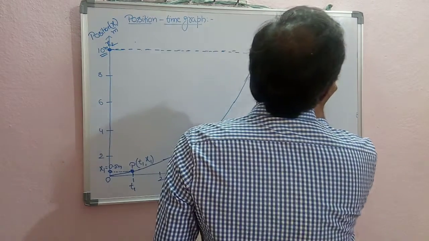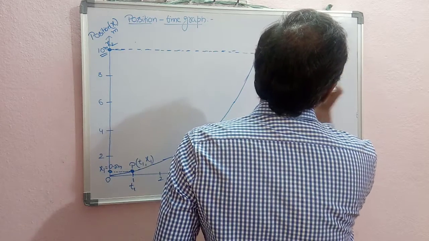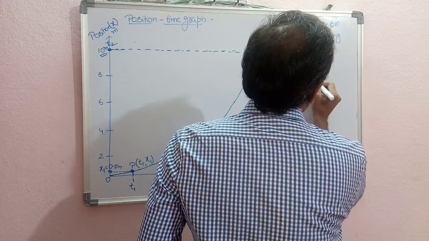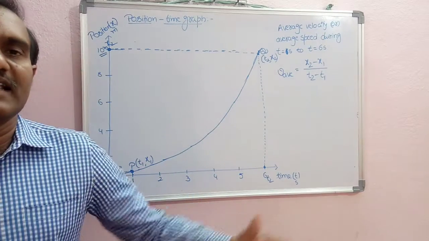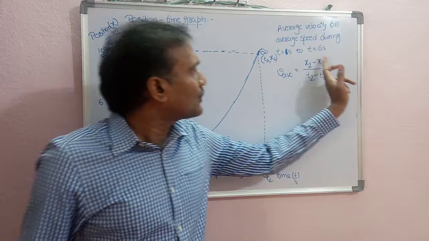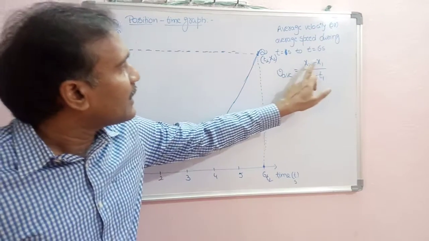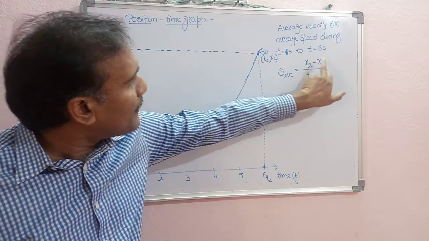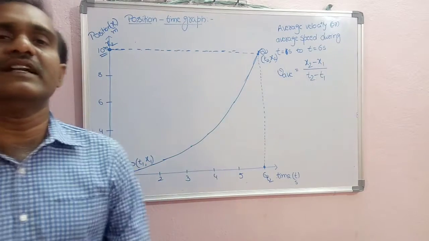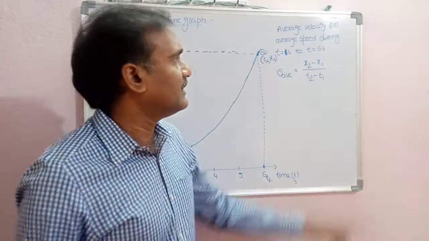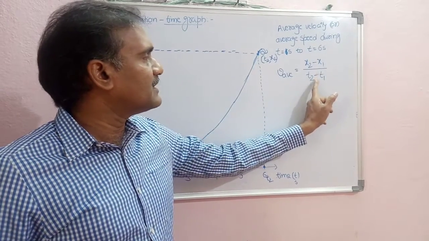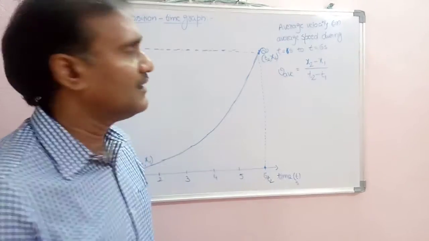That means x2 minus x1 divided by the time interval t2 minus t1. The particle is moving along the same straight line. Therefore, path length can also be final position minus initial position. Nothing but the displacement. Displacement traveled by the particle divided by time interval.